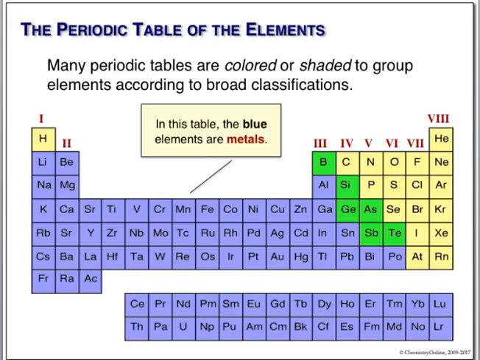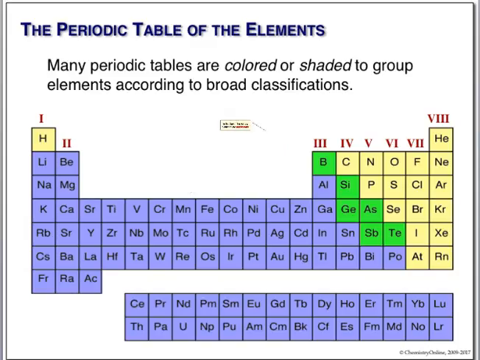Specifically, we want to know if the atom is a metal, or a non-metal, or a semi-metal. So, if your periodic table is colored, in this case, everything in blue is a metal. Now you see that most of these are metals, aren't they? All these guys at the bottom, these guys here, hydrogen is an exception.